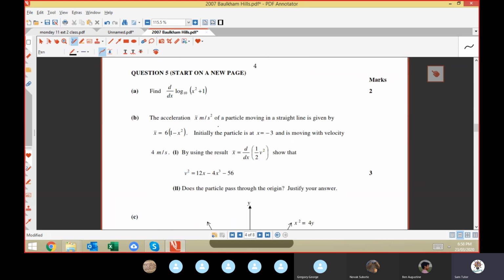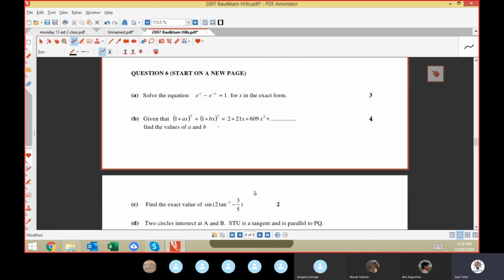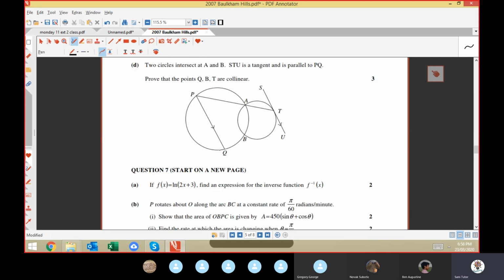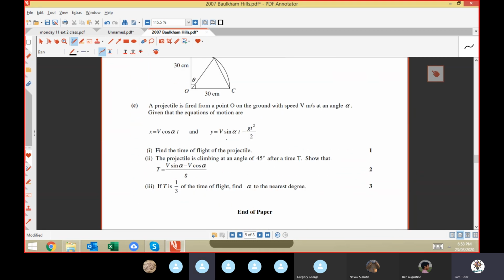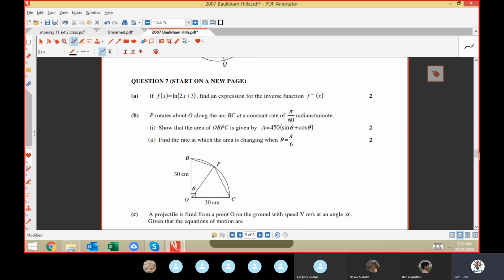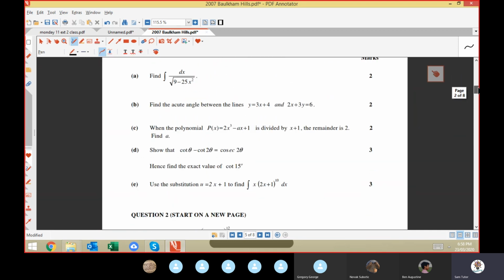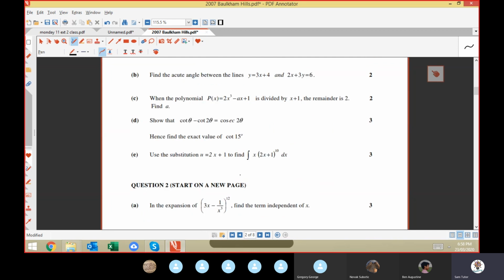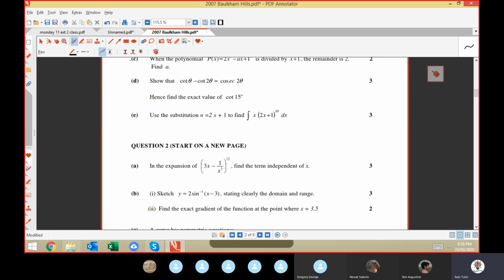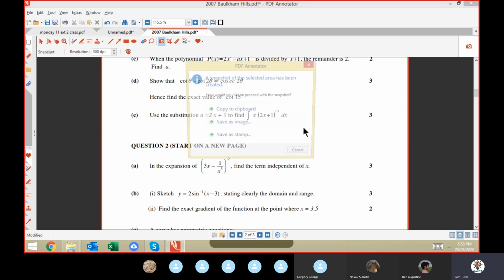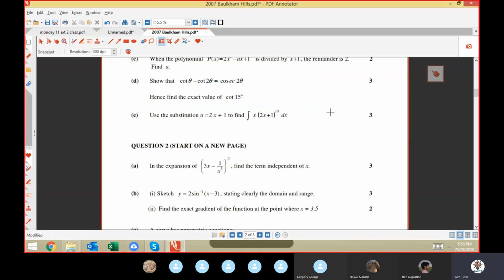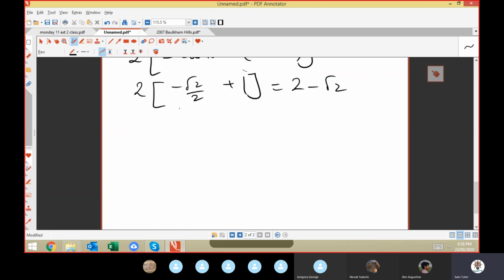Hence or otherwise. Okay, not even in here, or did I miss it? Oh, there, right at the beginning. Looks so similar to the ones that we've already done.